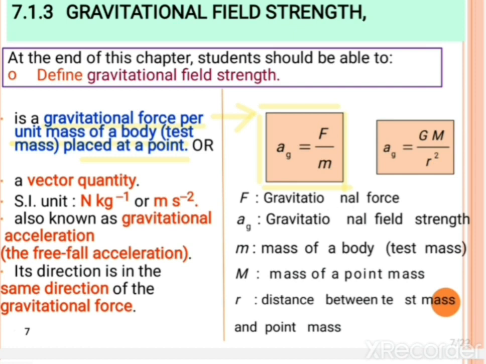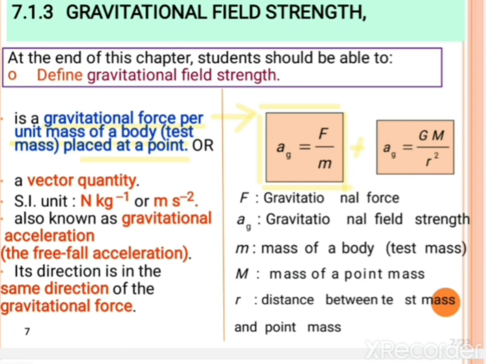F is gravitational force, Ag is gravitational field strength, m is mass of a body. Or A equal to Gm over r squared. G is gravitational constant, m is mass of the point mass, r is distance between test mass and point mass.